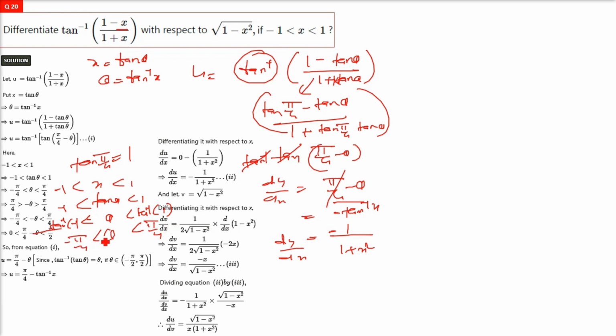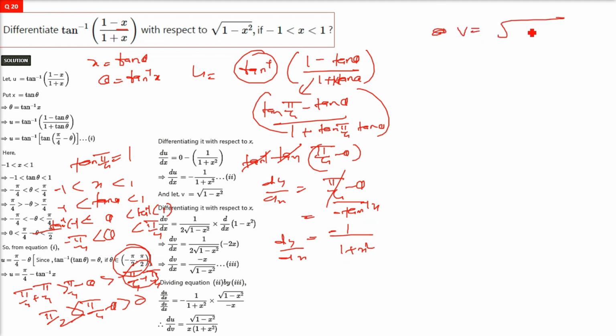Then you need to add pi by 4. Pi by 4 plus pi by 4 is pi by 2. Pi by 4 minus pi by 4 is going to be 0. So pi by 4 minus theta is between 0 and pi by 2, meaning 0 and 90 degrees. Alright. So that was du by dx, now dv by dx.